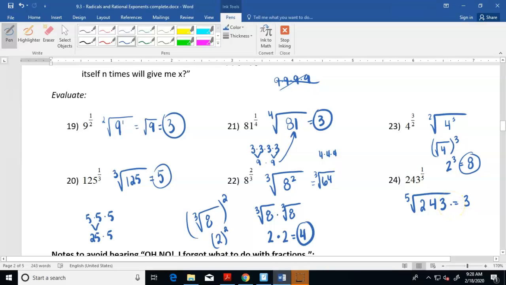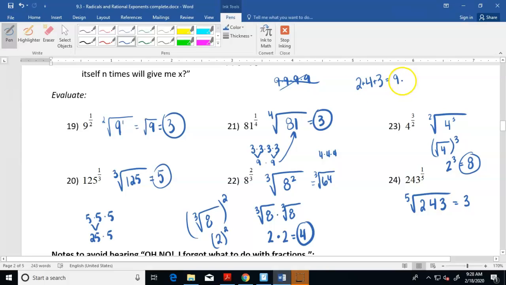Do you guys know this trick about knowing if something's divisible by 3? When I have 243, if I do 2 plus 4 plus 3, it's going to give me 6, 7, 8, 9. If you add all the digits up and that is divisible by 3, then the number is divisible by 3. It only works for 3. It does not work for other numbers. But it will work for 3.